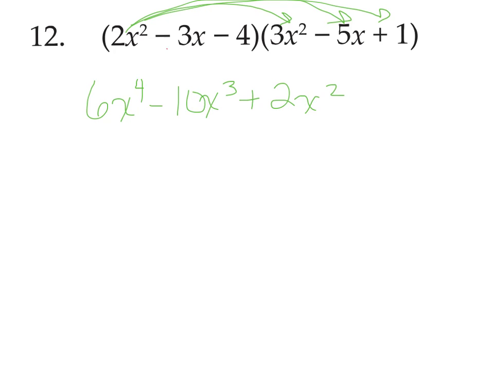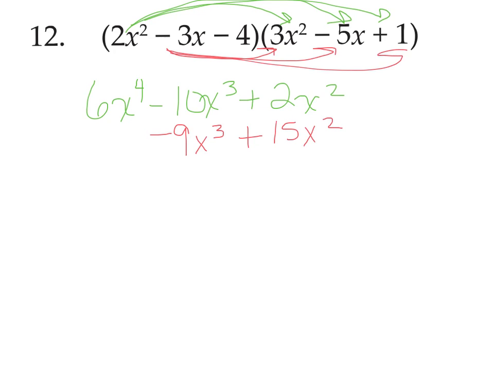And we're going to distribute negative 3x times 3x squared is negative 9x cubed. Negative 3x times negative 5x is positive 15x squared. Negative 3x times 1 is negative 3x.